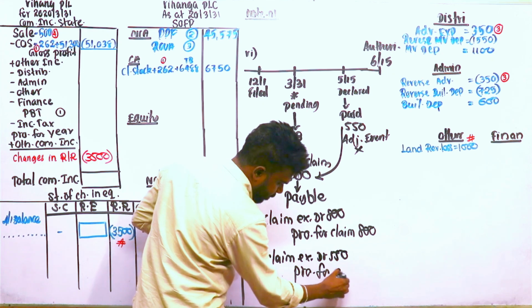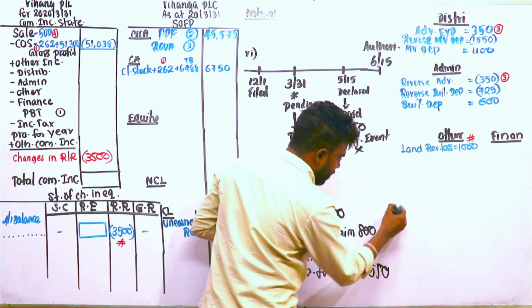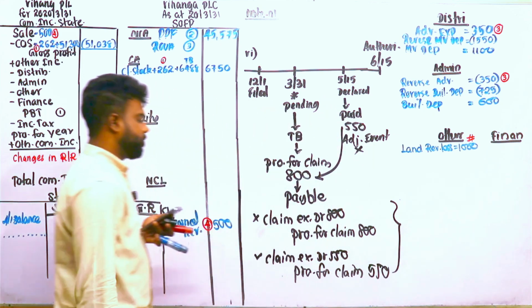The correct double entry should be recorded like this: claim expense debit 550, provision for claim 550. So can you tell me the adjustment entry?